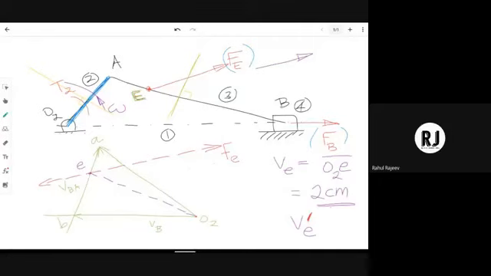I am going to draw a perpendicular. Let this be the perpendicular drawn.